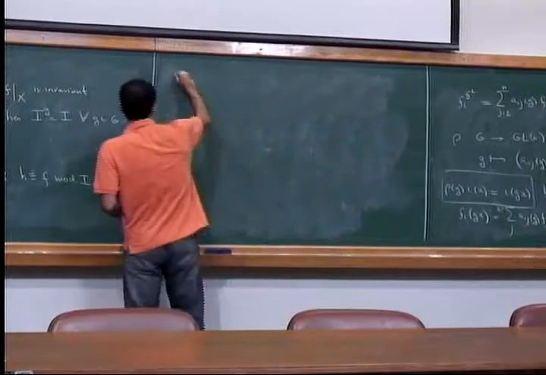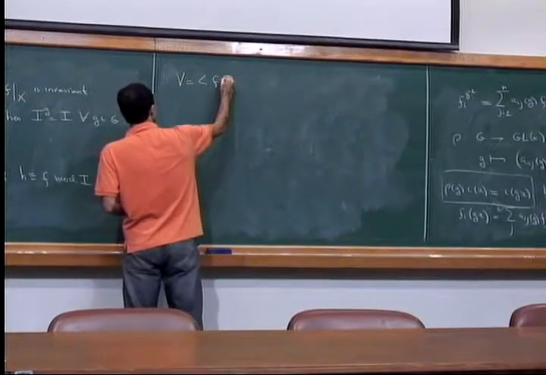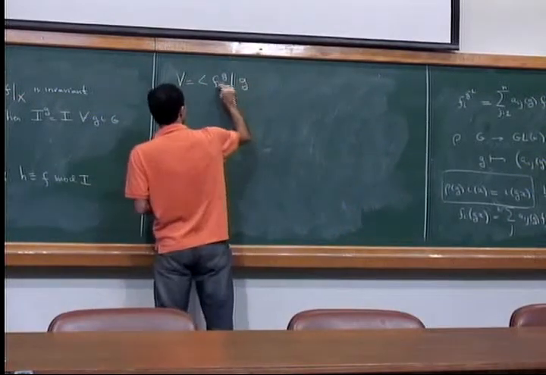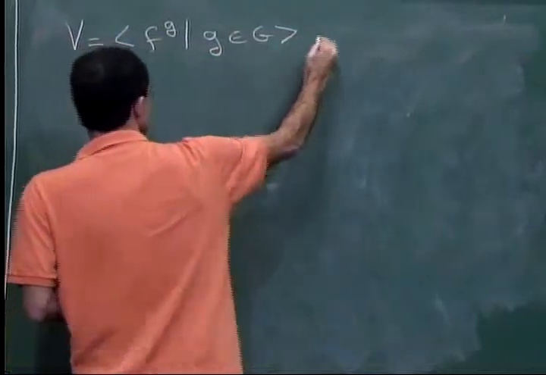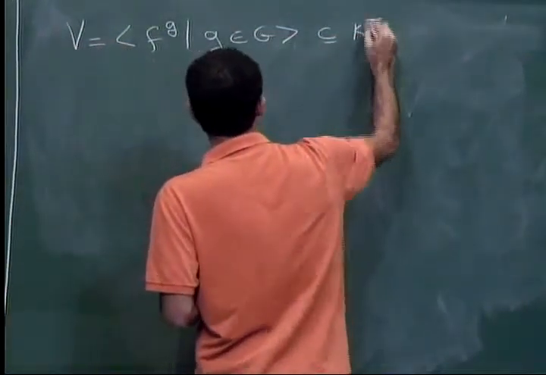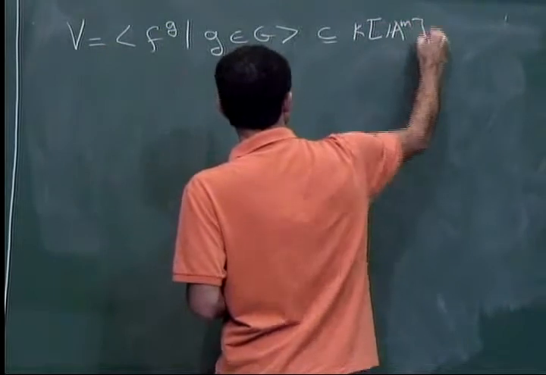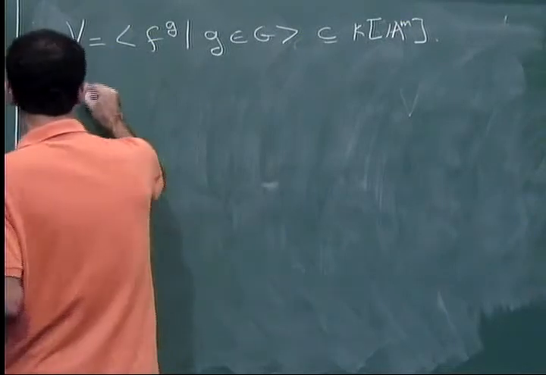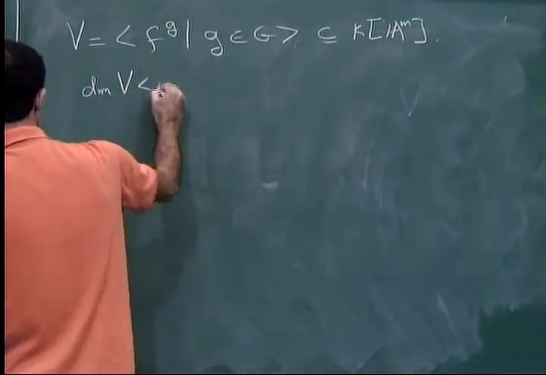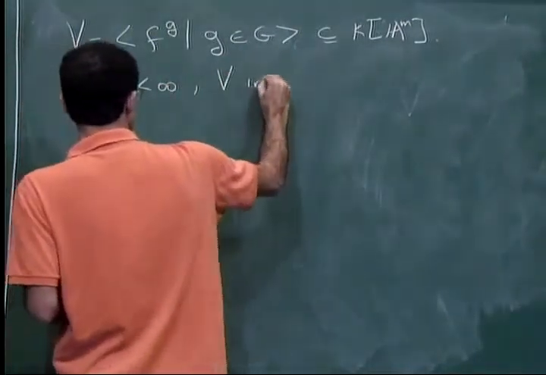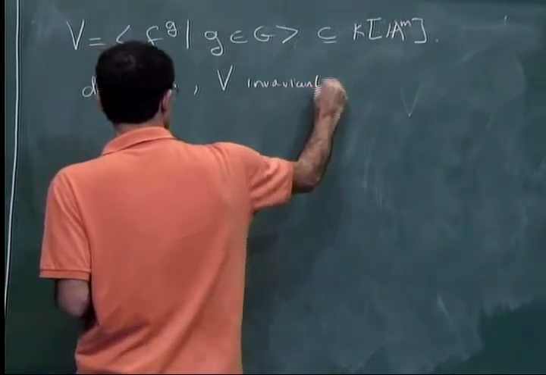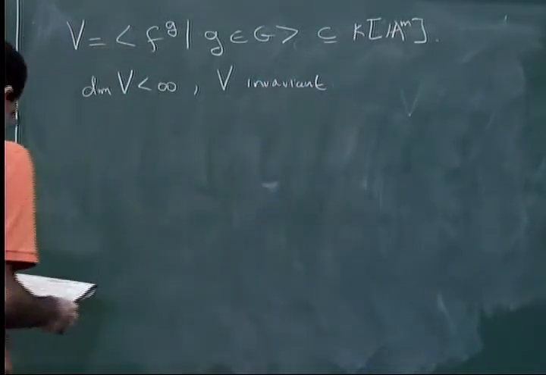We consider the subspace generated by this Fg inside K of AN. So it's finitely generated, it's finite dimensional and invariant. Right?